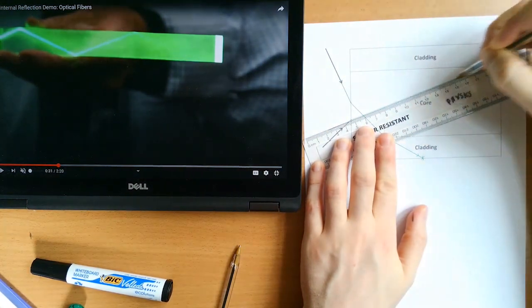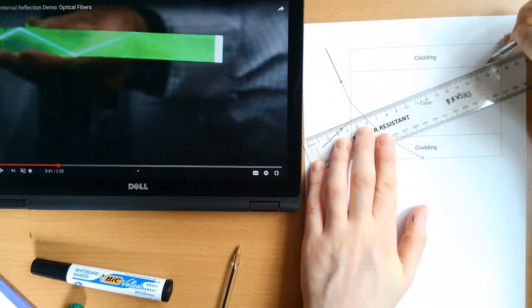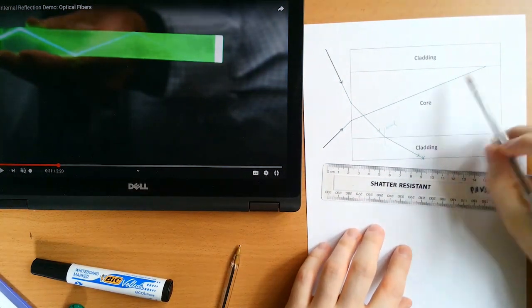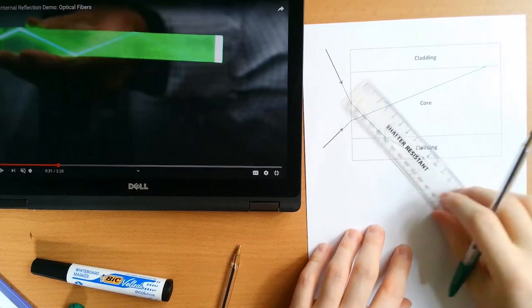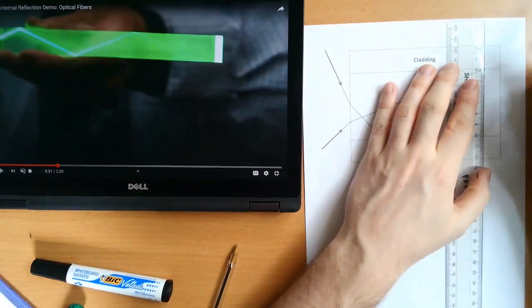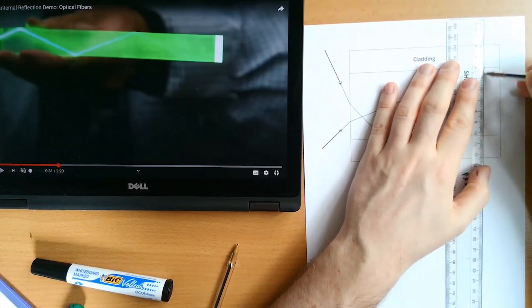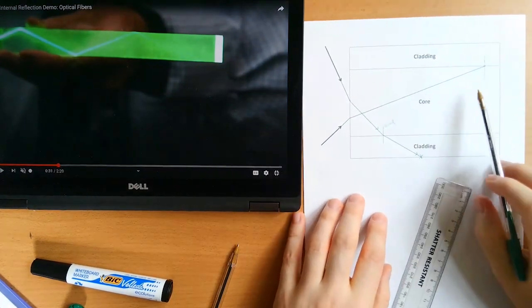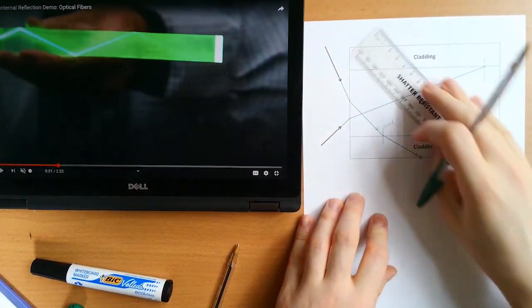And at this point, the angle is greater than the critical angle. So you can see this is, see that angle isn't that steep. Whereas if they draw the normal here, we've got a much greater angle to the normal. So total internal reflection is going to happen here.